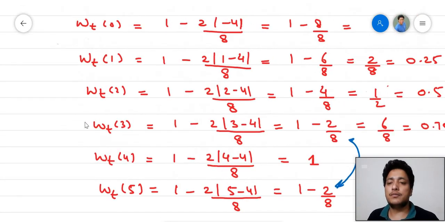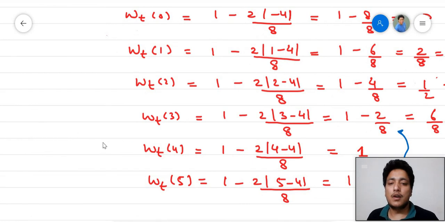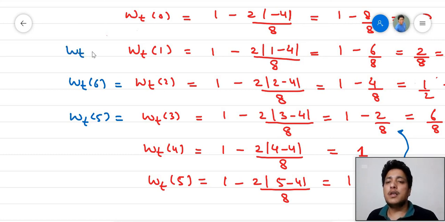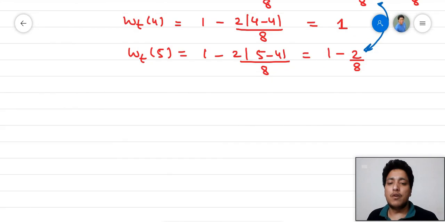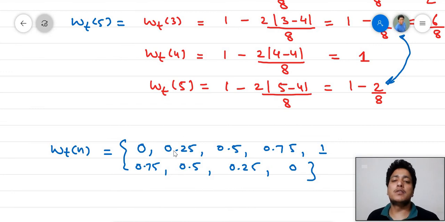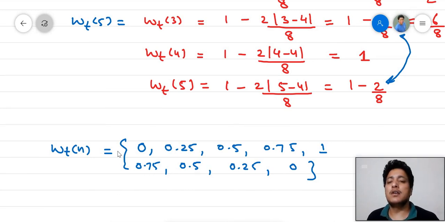That means w_t(5) is equal to w_t(3), w_t(6) is equal to w_t(2), w_t(7) is equal to w_t(1), and at last w_t(8) is equal to w_t(0). Then the window values we have obtained are 0, 0.25, 0.5, 0.75, 1, 0.75, 0.5, 0.25 and at last 0.